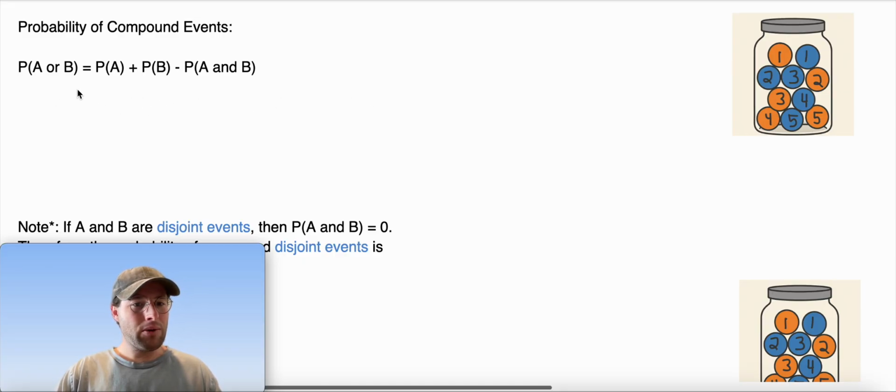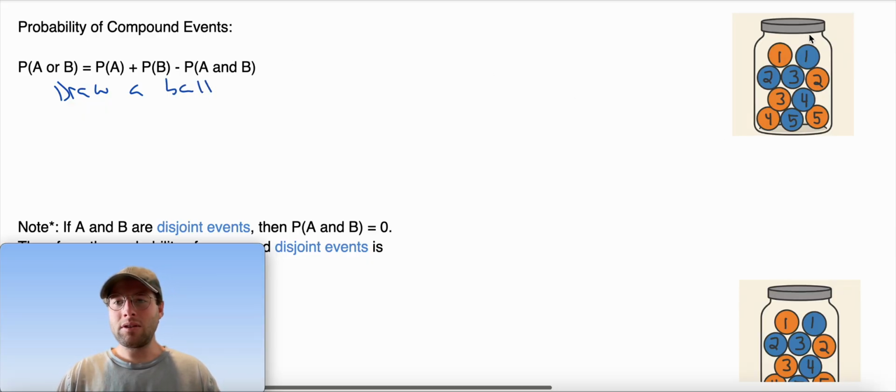Alright, so let's look at an example. Let's say that we're going to draw a ball from this jar we have over here on the right. This jar contains 5 balls that are blue and 5 balls that are orange, and each of the blue ones is labeled 1 through 5.